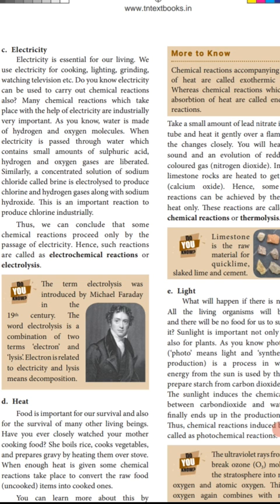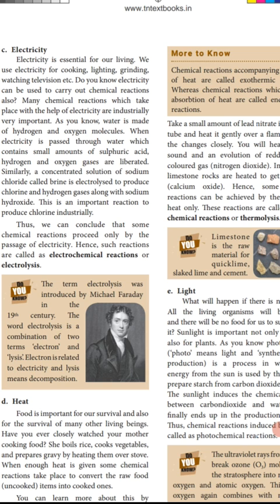When electricity is passed through water containing a small amount of sulfuric acid, hydrogen and oxygen gases are liberated. Some chemical reactions proceed only by the passage of electricity. Such reactions are called electrochemical reactions or electrolysis. So electricity is a must for these chemical reactions. Okay, without electricity, some reactions do not occur.